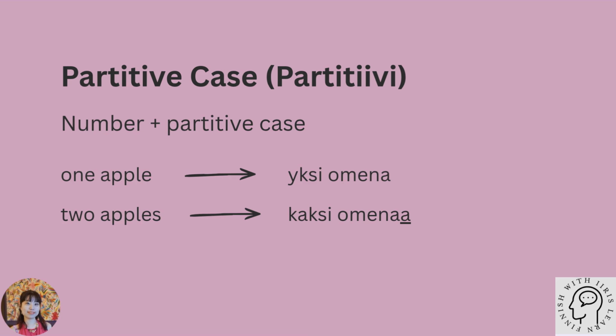Here, omena is the basic form and omenaa is the partitive form. This may remind you of the English plural letter S, although it isn't exactly the same concept. The same rule applies to zero. Zero apples is nolla omenaa.